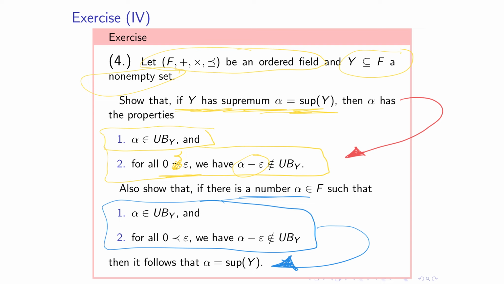If it is the supremum, it has these two properties. If it has these two properties, it is the supremum. So that means that these two properties are equivalent to the supremum. And in plenty of important settings, it's easier to use these two properties than it is to use the supremum. So this result we will use frequently in future videos.